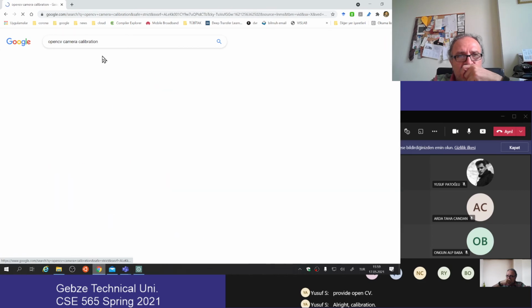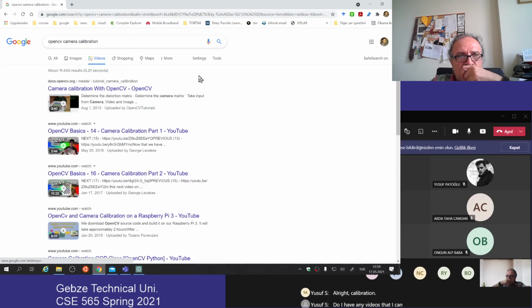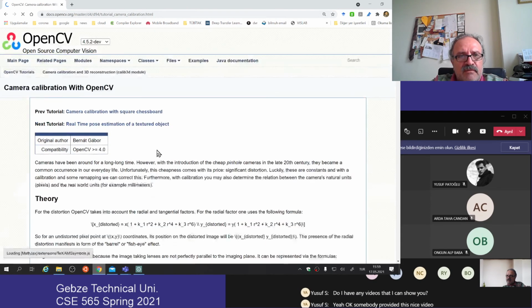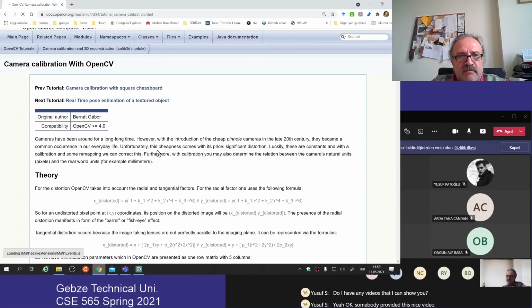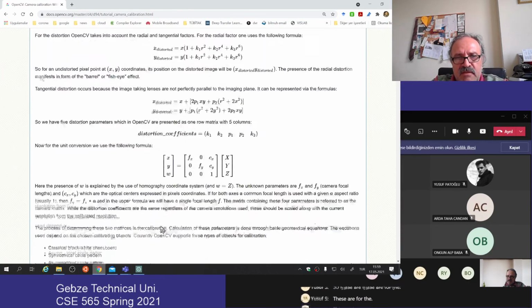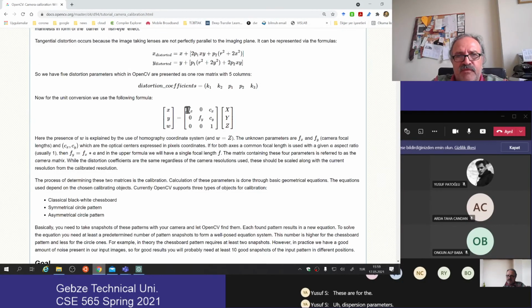Do I have any videos that I can show you? Yeah, okay, somebody provided this nice video. So these are for the distortion parameters, and these are the parameters of focal length, principal point.